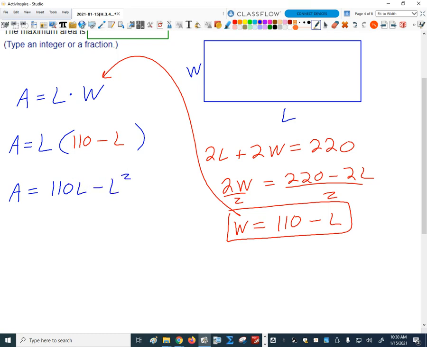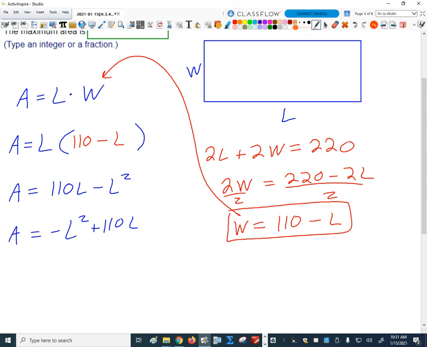That's quadratic, isn't it? Everybody see that? If I rearrange those terms, I get negative L squared plus 110L. That's in standard form where L is my input, right?